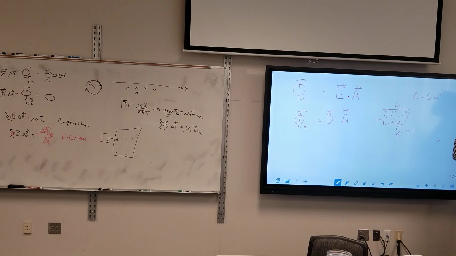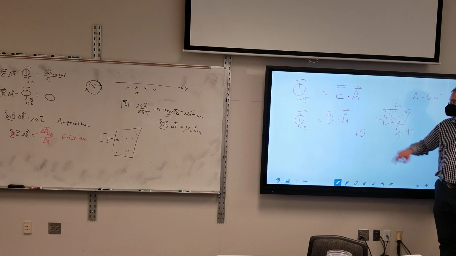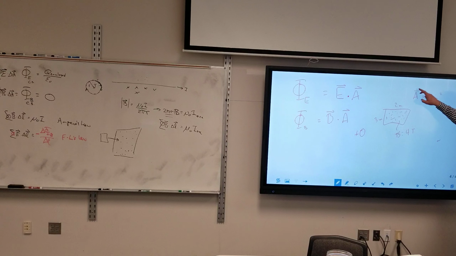In or out, whichever direction we want to make it. It's basically a one-dimensional problem, so let's make out positive. All right, so my area vector is positive 6 square meters. My magnetic field is positive 4 Tesla.